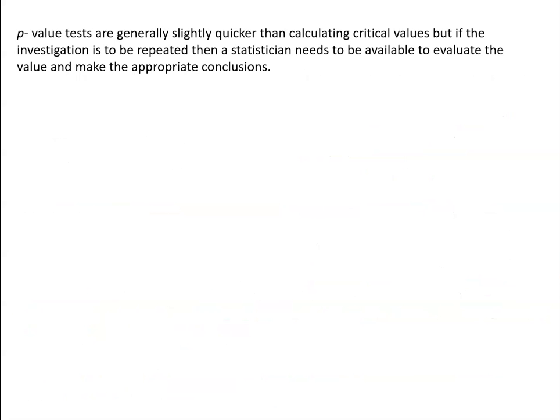Right, p-value tests are generally a little bit quicker than calculating the critical values. But if the investigation is to be repeated lots of times and possibly even in lots of different locations, then you'd need a statistician available at each of those different times or in each of those different locations in order to make the deductions necessary at the end of the test.